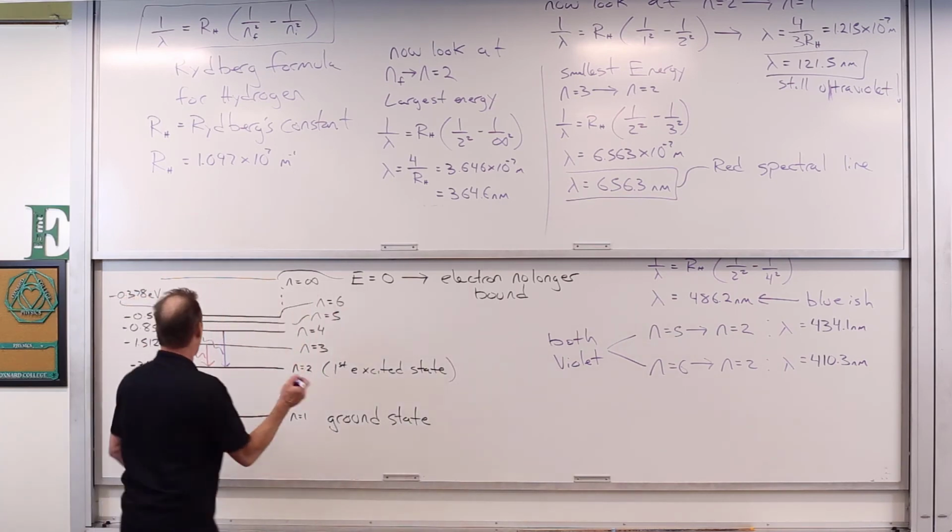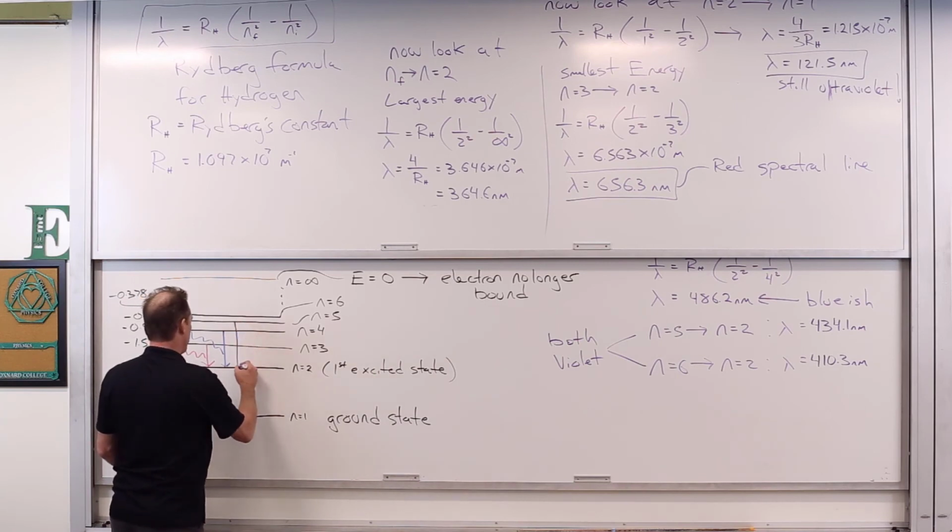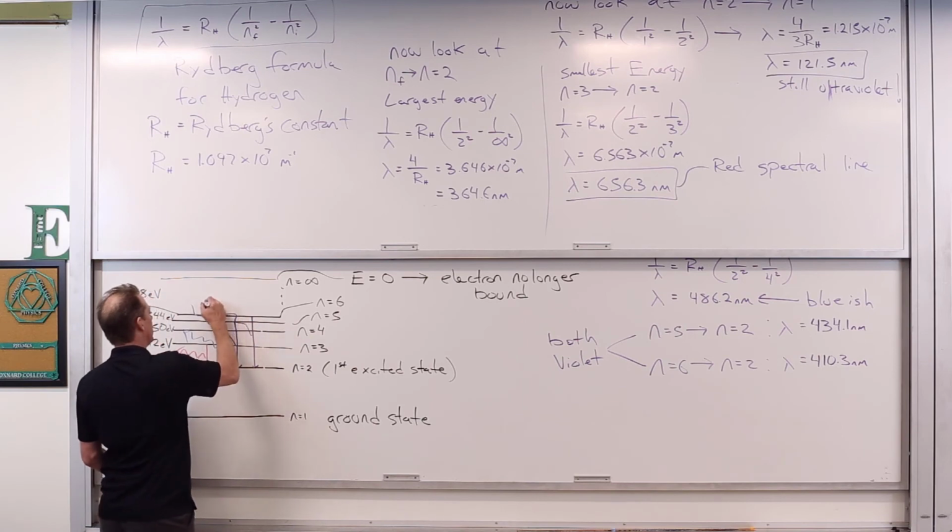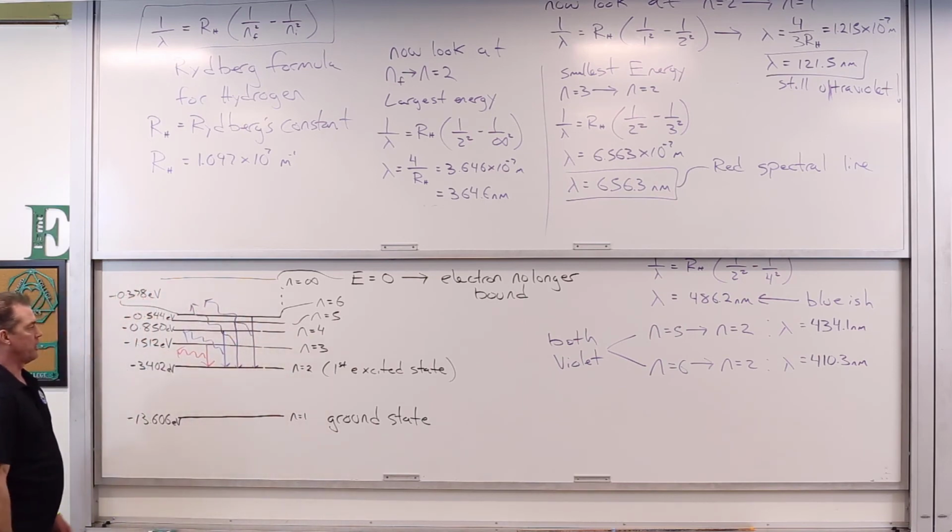So we get these 4 wavelengths of light in the visible spectrum that are due specifically to those transitions.